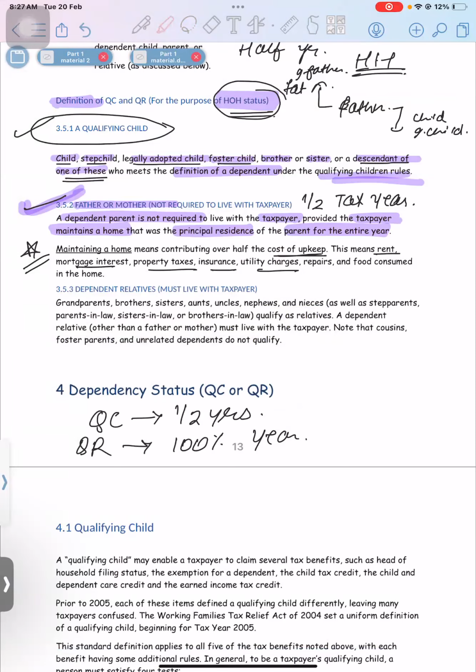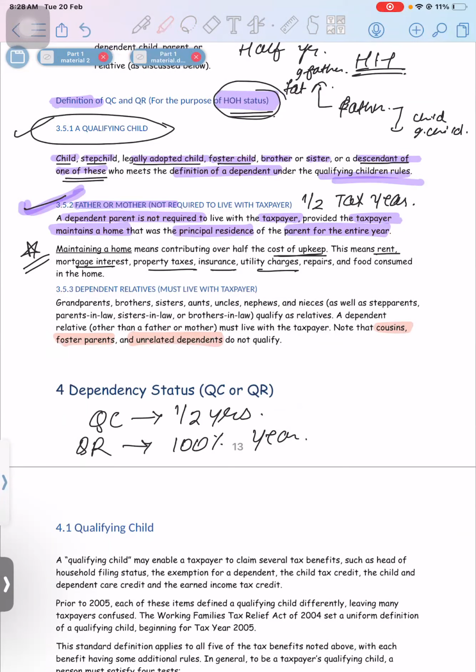Do you remember in the MCQs, if you have seen yesterday's MCQs, which of the following is not a qualifying relative, which of the following is not a qualifying child? Yesterday the topic was remaining, but still I uploaded the MCQs in advance. You can just complete those MCQs today. Cousins, foster parent, and unrelated dependent. Unrelated dependent means what? Let's say we three people are living together.